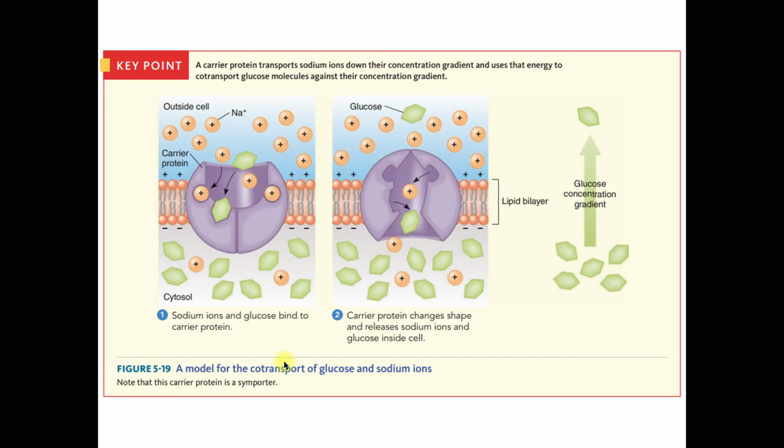Okay, so this is another example of how a co-transport protein transfers sodium ions and glucose across the membrane.